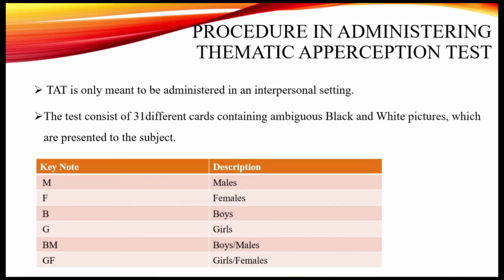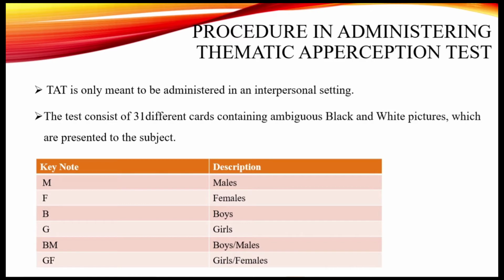The main goal of this test is to evaluate a person's patterns of thoughts, attitudes, observational capacity, and emotional responses to the picture shown. This next slide is the procedure in administering the Thematic Apperception Test.